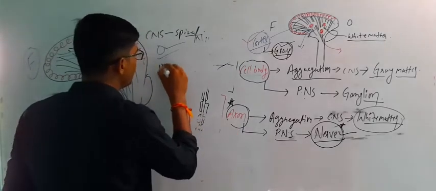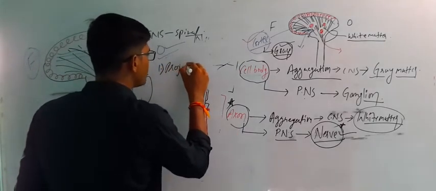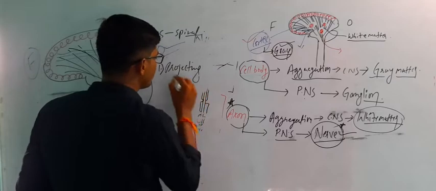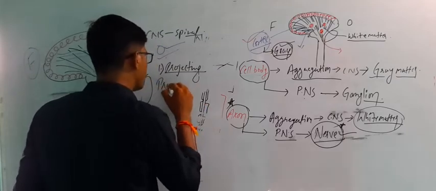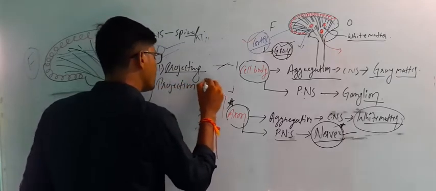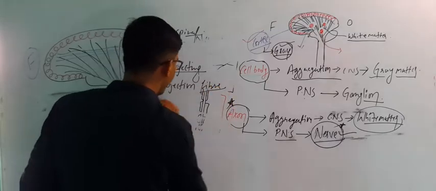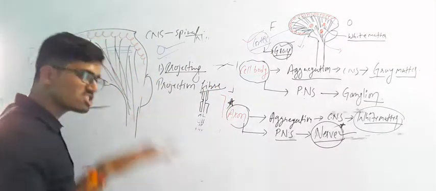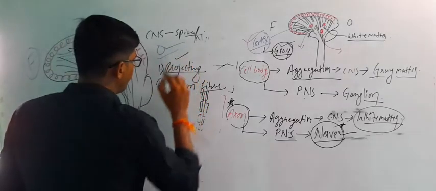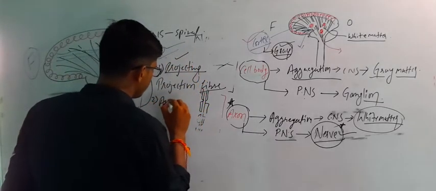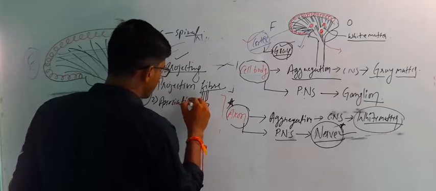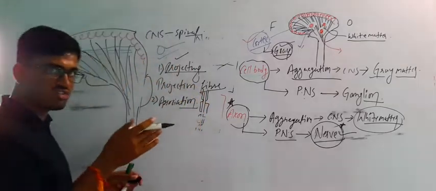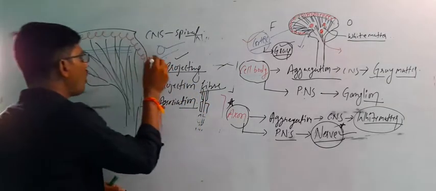So one is the projection fiber, from up to down, central nervous system to the spinal cord. Second is the association fiber, from frontal to occipital.